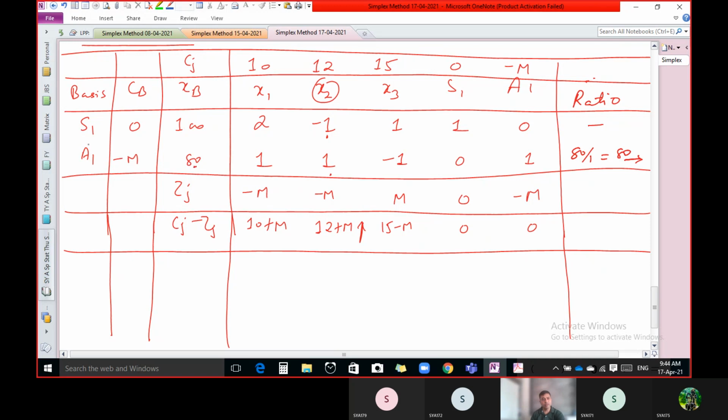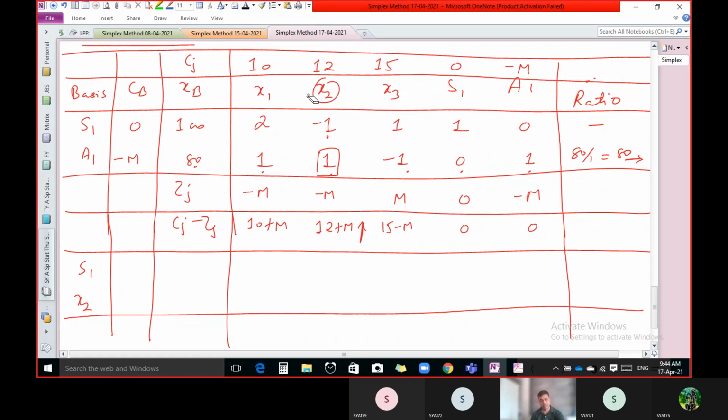So A1 will leave the basis, and in that place, we have to enter x2, and this becomes our key element. So here we have to write s1. A1 will leave the basis, and in that place, we have to write x2. That's it. And the remaining is the same as previous.